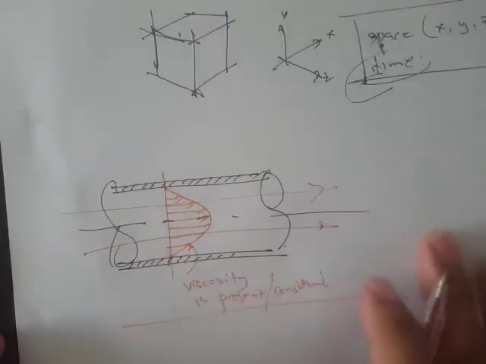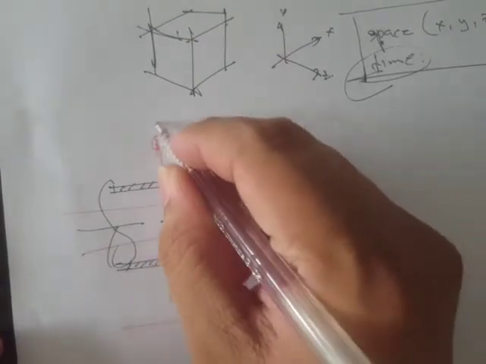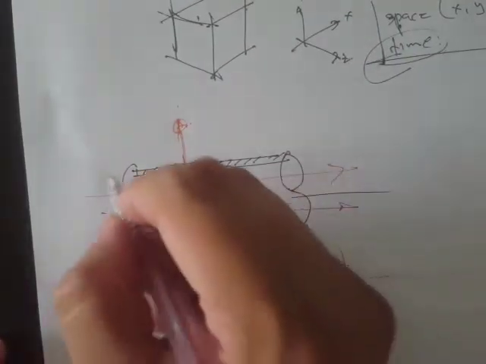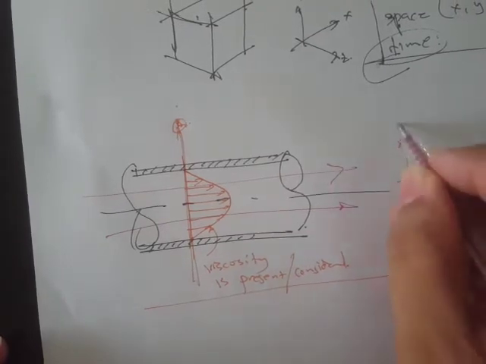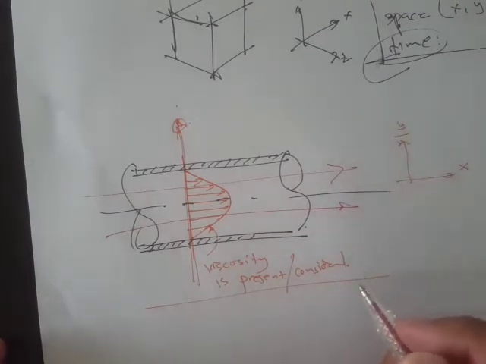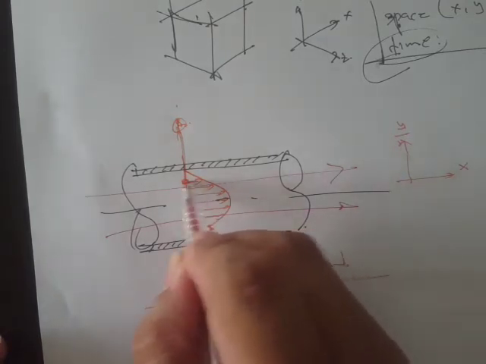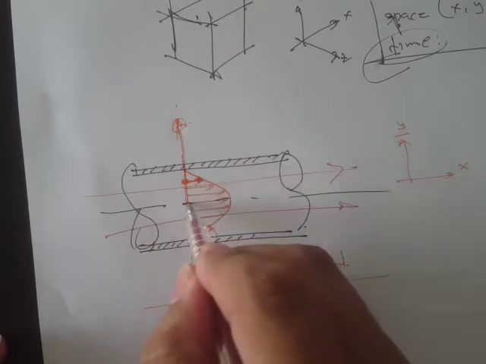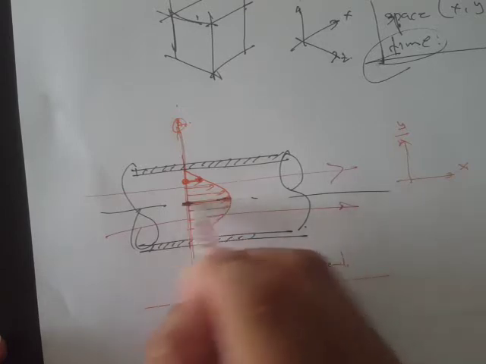Okay, so it means that at this point, let's say point A, and this is our x, and then this is our y. Then we see that at this point, let's say the velocity is only up to this point, but along the center line we have the largest velocity.